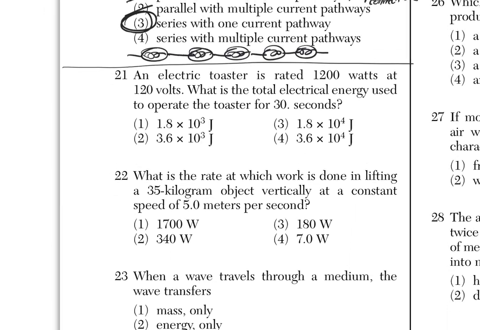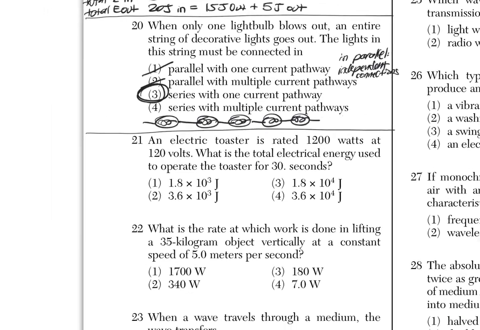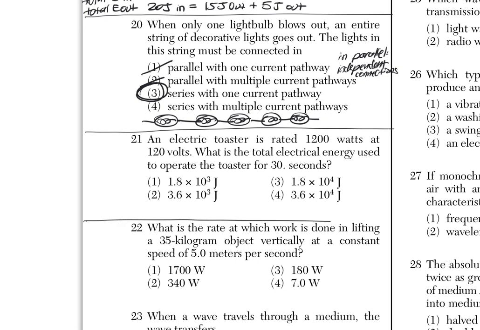All right, number 21. We have the wattage of a toaster, we have the voltage, and what's the energy used in 30 seconds. So I know the power is 1200 watts. I know the voltage is 120 volts. I want to know the energy, which when we're solving for electrical energy, we use work for that.